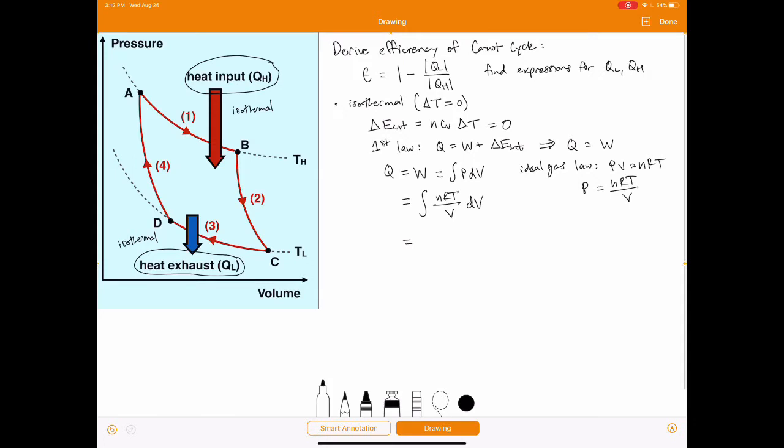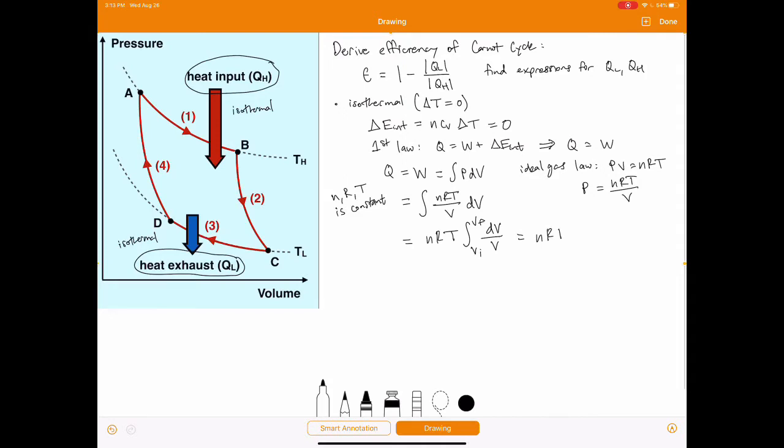And since we're isothermal, n is a constant, that's just the number of gas molecules measured in moles. R is a constant, and of course T, temperature, is constant. So we can pull all of those out, and we're just left with dV divided by V, going from V initial to V final, whatever those initial and final volumes happen to be.